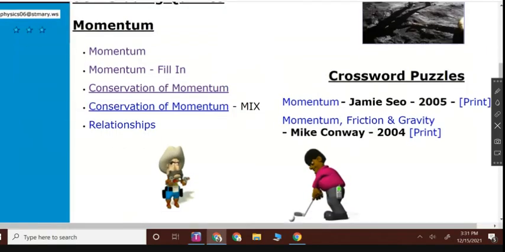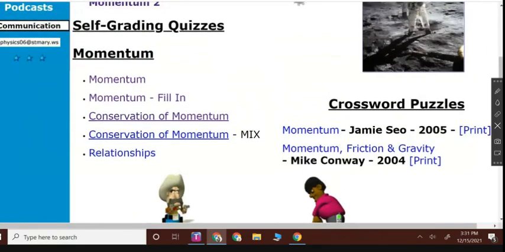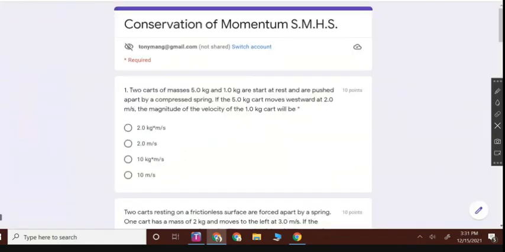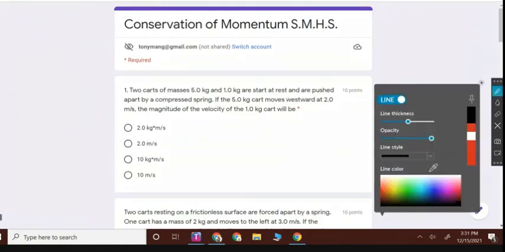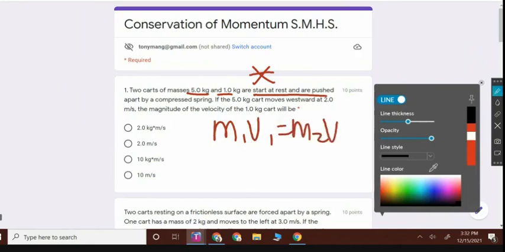Let's see if we can find some of those. Let's go to conservation of momentum and see if we can find a problem like that. Oh, wait a second, here it is. Look, 2 objects, 5 kilogram and 1 kilogram, start from rest. m1 v1 equals m2 v2.